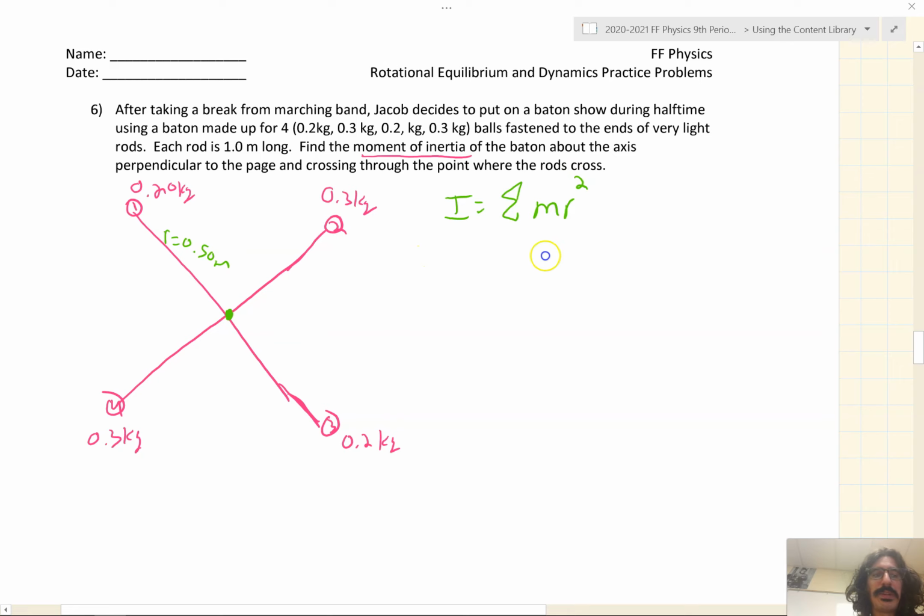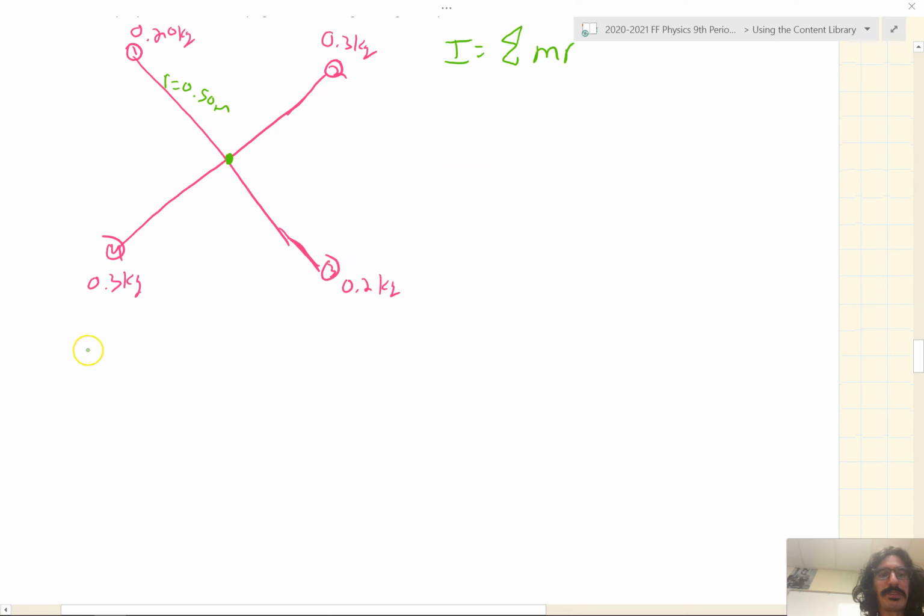So I equals m1r1 squared plus m2r2 squared plus m3r3 squared plus m4r4 squared.